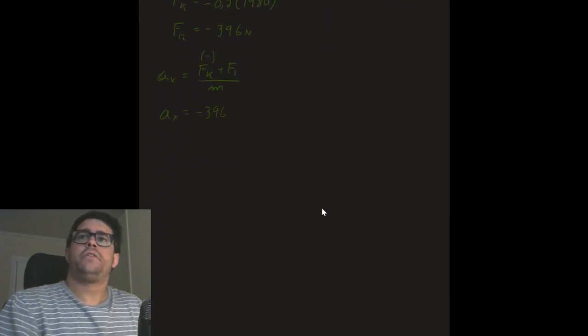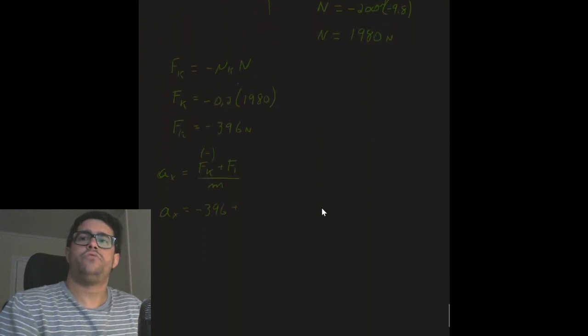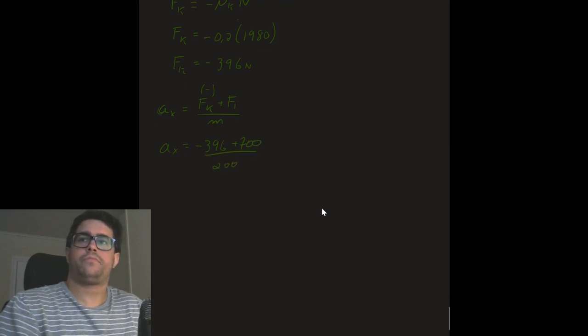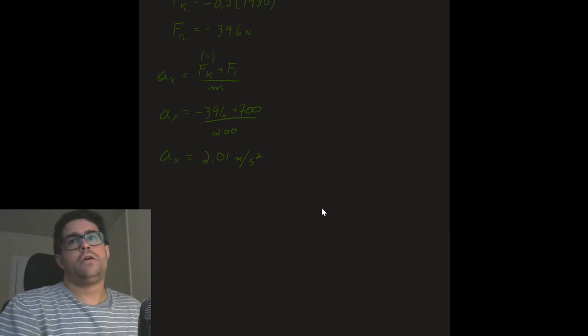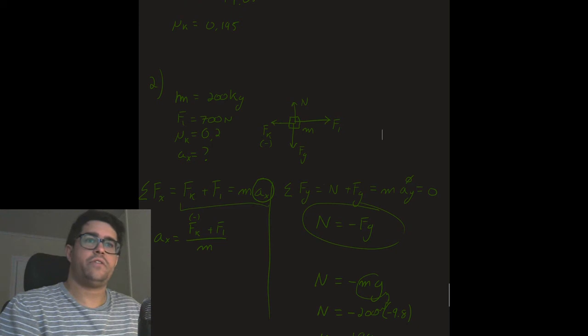Minus 396 plus 700 divided by 200 kilograms. Your acceleration, so 404 divided by 2 is 2.01, about. And it's positive, right? The answer is positive because the math is positive. Is that true? Yes. The force is greater, 700, and it's pulling in the positive direction.